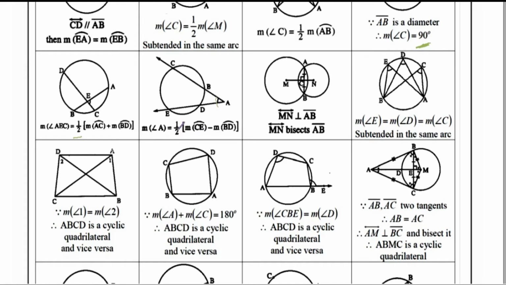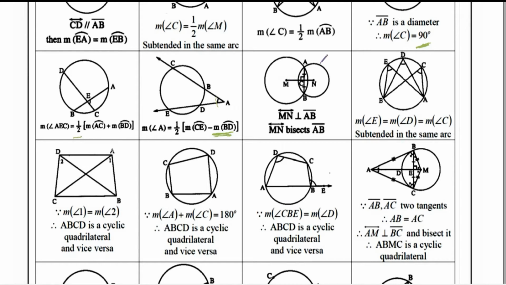Yes, equal half times the measure of the arc CE, minus the measure of the arc BD.